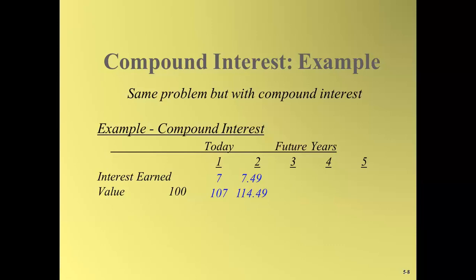And that will be added to 114.49 to make it 122.50. So the next 7% will be on 122.50, and that will make it approximately 8.58. And when we add 8.58 to 122.50, we get 131.08. And then the 7% for the fifth year will be on 131.08.